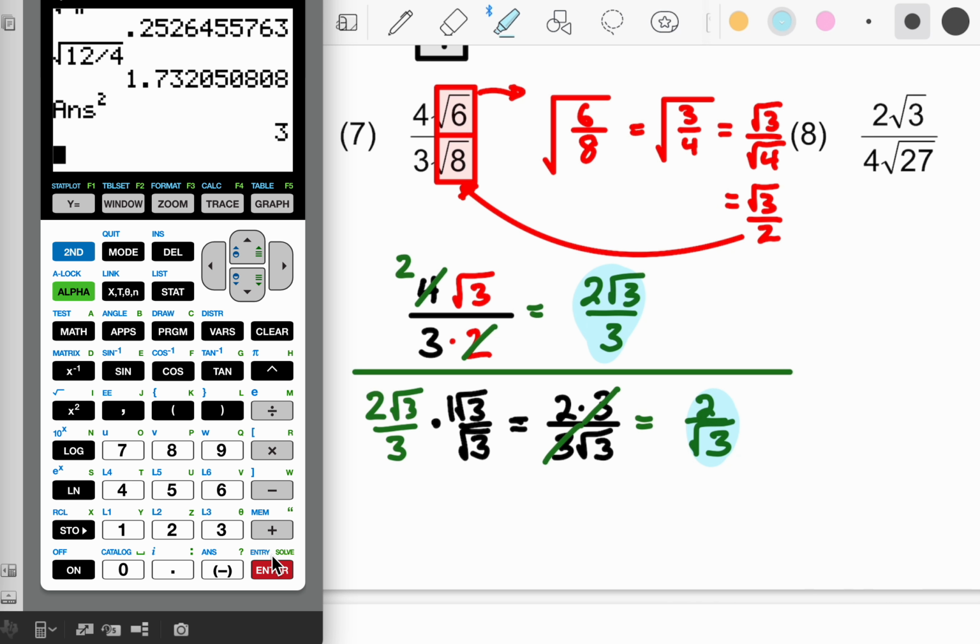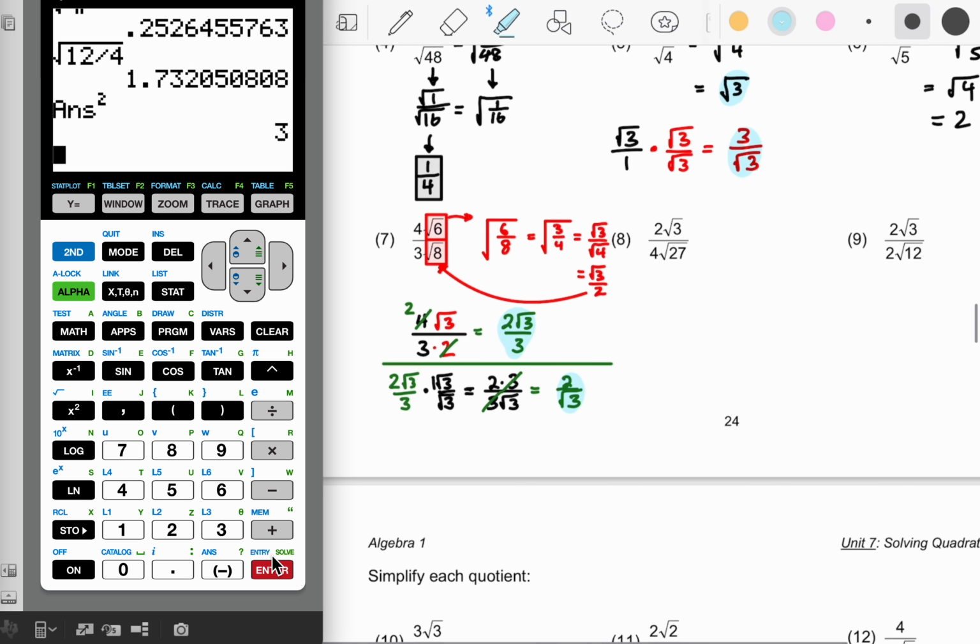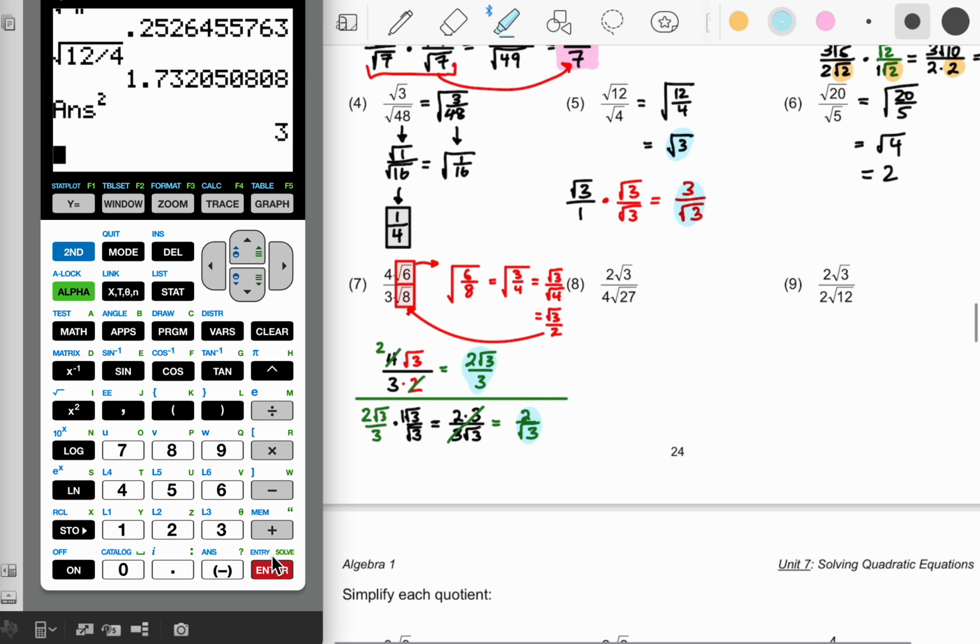Sometimes it's hard to see what is simple enough. If you've reduced your fraction as much as you can, and you've simplified your radical as much as you can, then you're in a simplest form. It's just a question of whether or not you're in the simplest form that you're being asked to be in. So that's that. We're going to practice with this for another day.